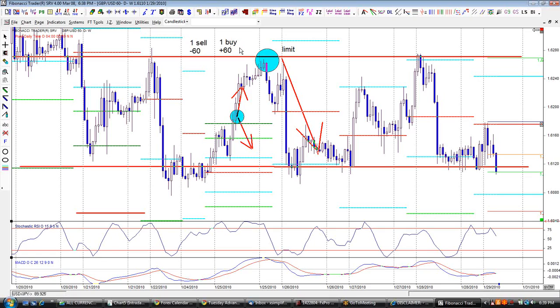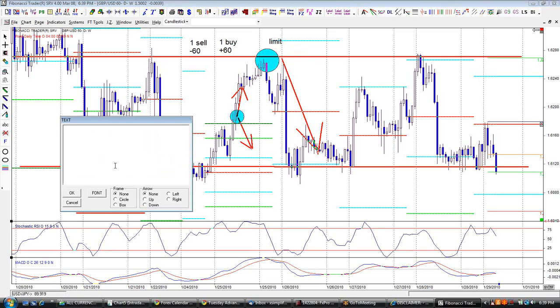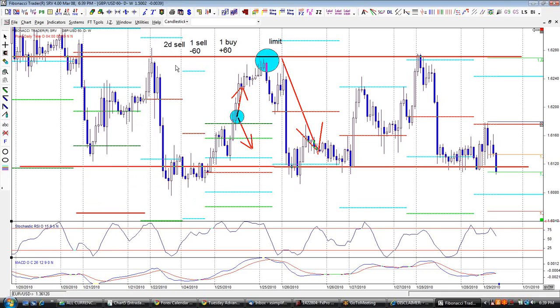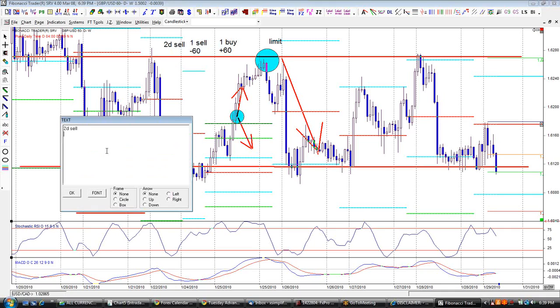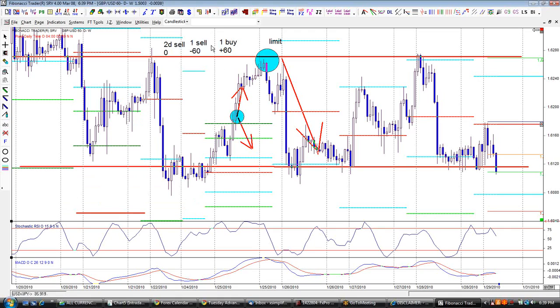Now, here at the top, we sell. So now we have a second sell. The second sell at the moment is at 0. So we're still total on our margin 0.